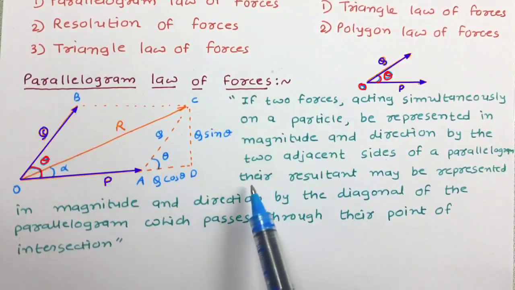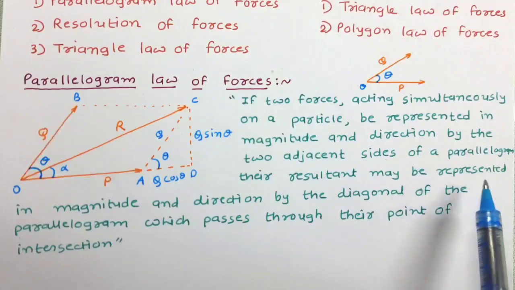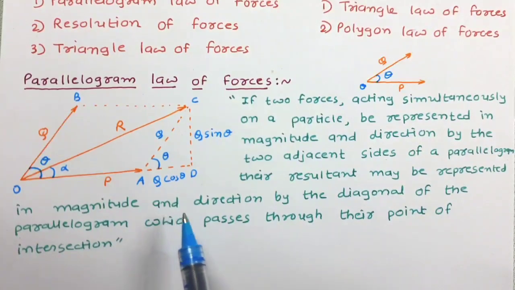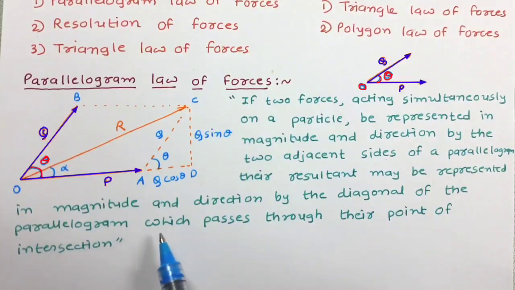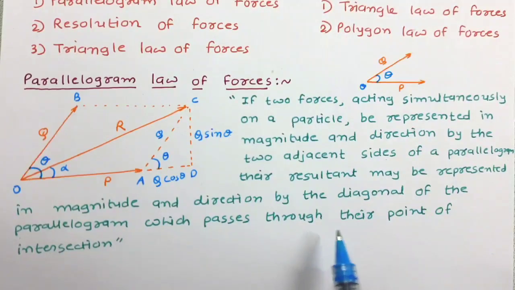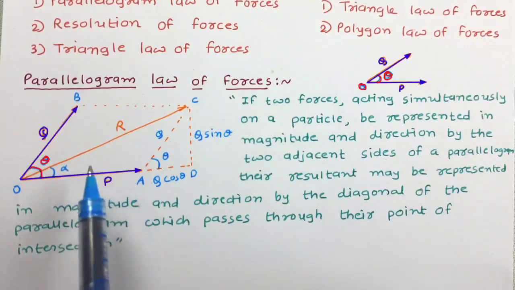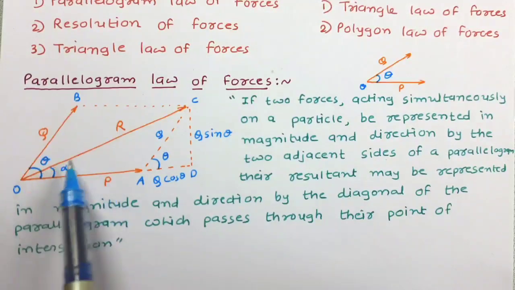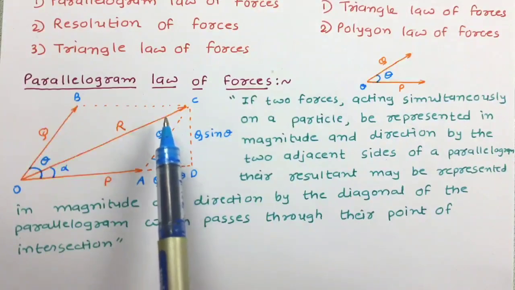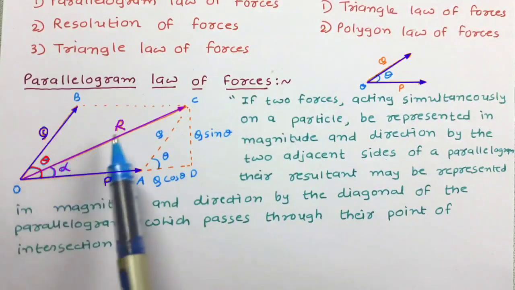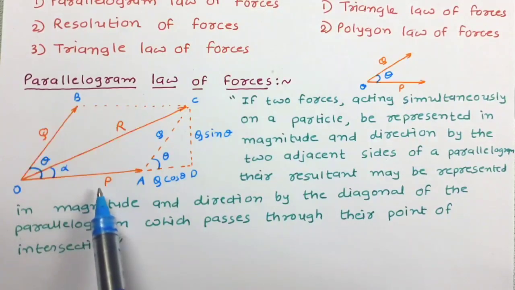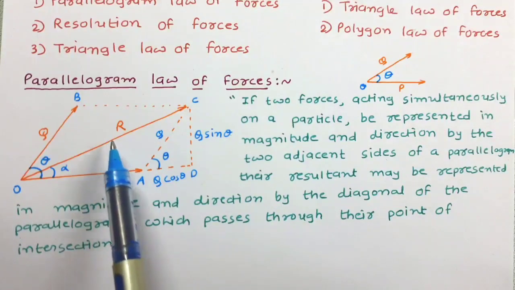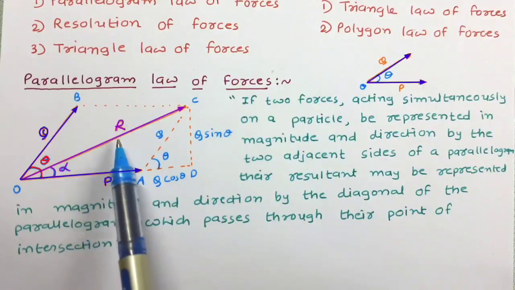So the resultant may be represented in magnitude and direction by the diagonal of the parallelogram which passes through their point of intersection. So the resultant R can be determined as the diagonal passing through the intersection of these two forces according to the magnitude and direction.